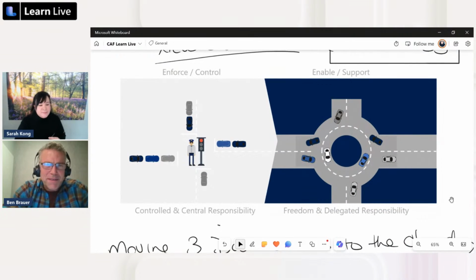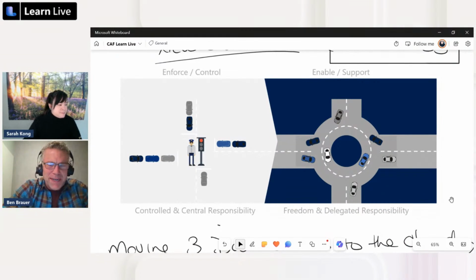Yeah. So this is one of those diagrams that we talk a lot about or use a lot when we talk about the transformation from a central IT team to a delegated IT team. One of the most interesting things is that in a central IT team, you're almost always dealing with enforcing and controlling certain policies or usage of the IT resources.